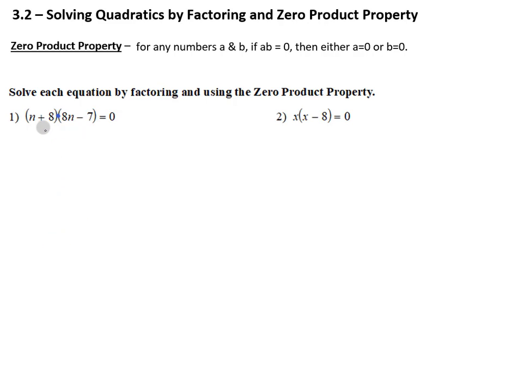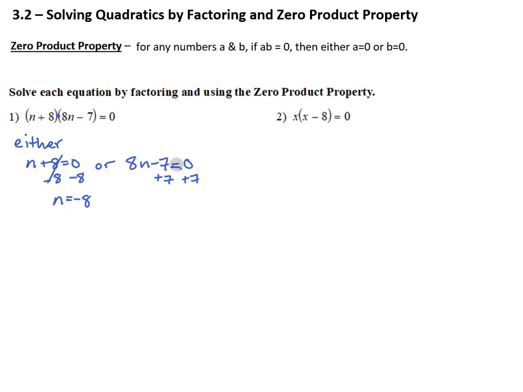So using our zero product property, we can say either n plus 8 equals 0, or the other factor, 8n minus 7, equals 0. But one of them has to equal 0. So if you imagine solving each of these cases, what value of n makes this factor 0? We can get that by getting n by itself: subtract 8 from both sides, and negative 8 is one of our solutions.